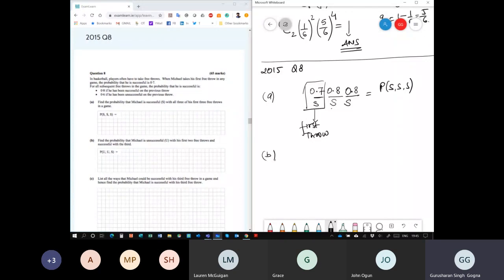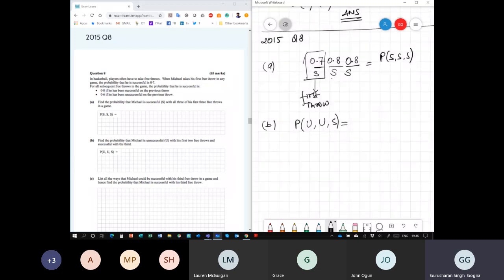Let's try the next one. Find the probability that Michael is unsuccessful with his first 2 free throws. So, UUS. You already know that for the first throw, the probability of success is 0.7.